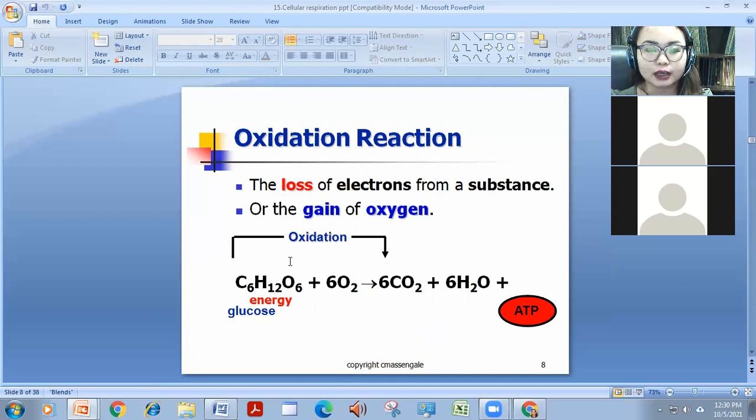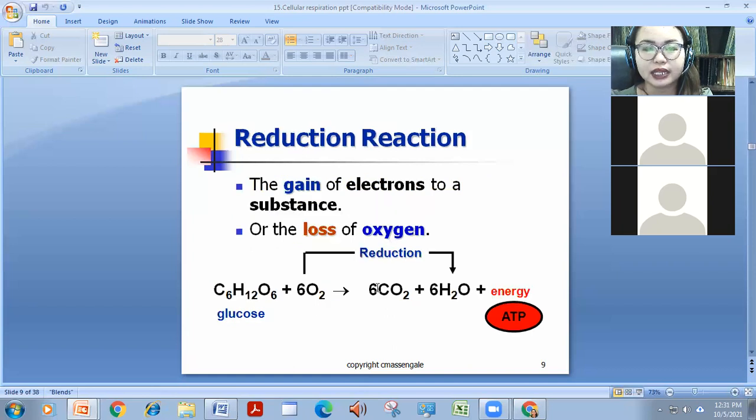And this is found here in this equation, wherein in oxidation, our 6 carbon gains oxygen, but with the loss of electrons. And in the reduction reaction, there is a gain of electrons to a substance or the loss of oxygen. So our oxygen was lost through reduction or gain of electrons, and became water.